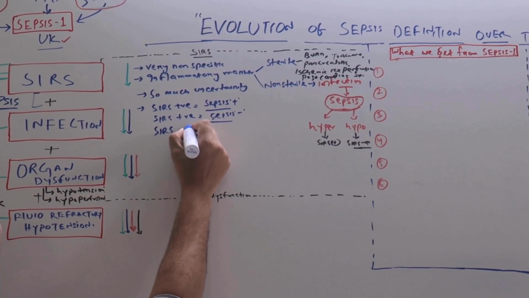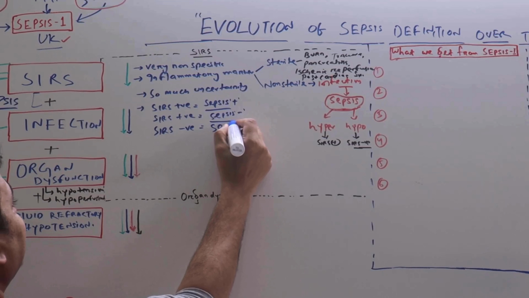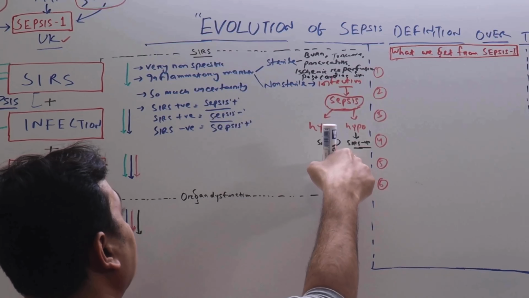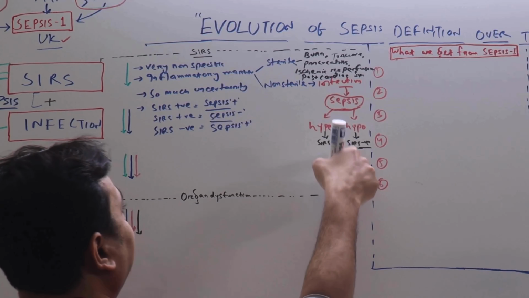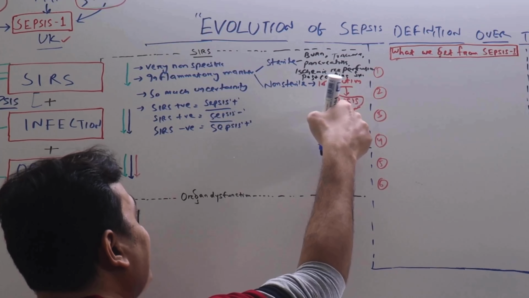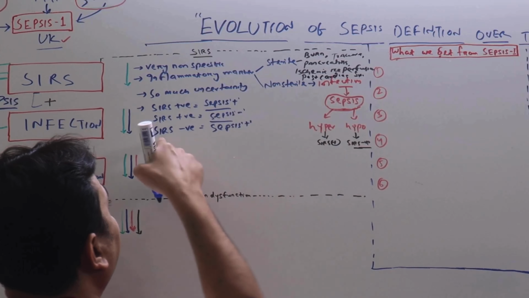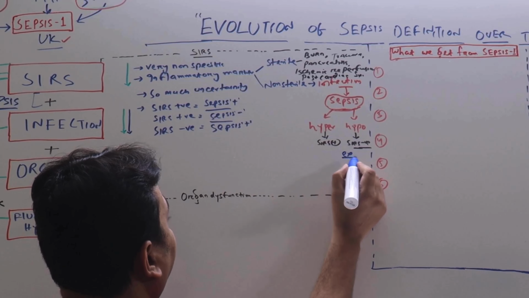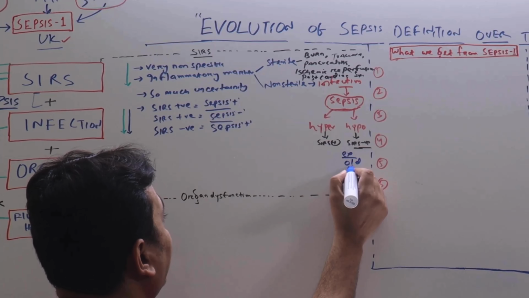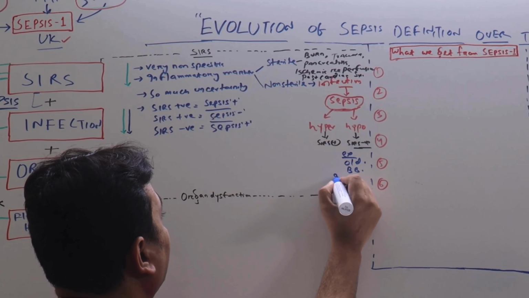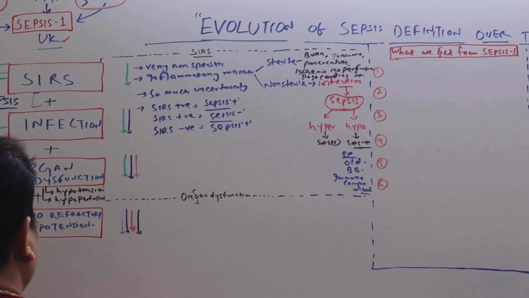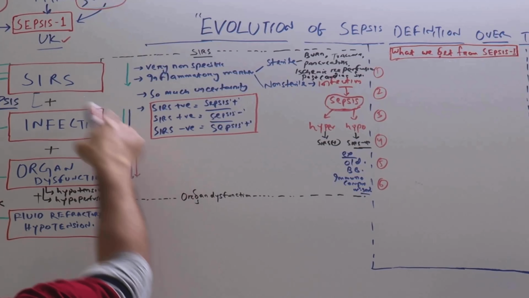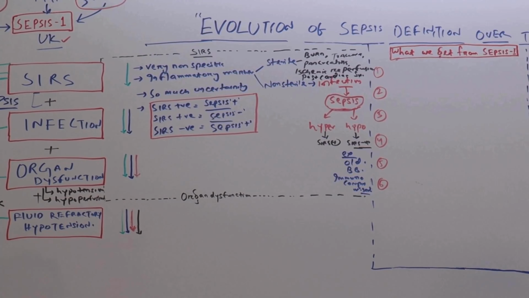Again, SIRS can be negative but still sepsis can be present. Here SIRS is negative, but the patient's immunity is so paralyzed that they are not able to mount an inflammatory response to sepsis. Examples are old age, patients taking beta blockers, and the immunocompromised. You see how much uncertainty is there if we put SIRS as the diagnostic criterion for diagnosing sepsis, right?